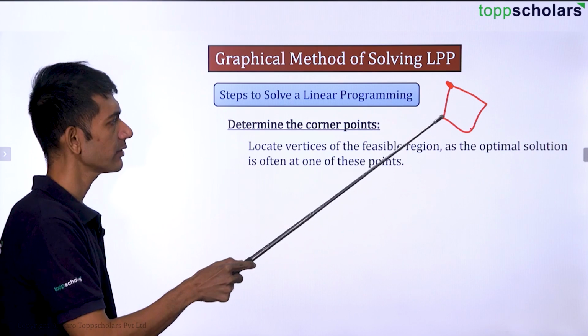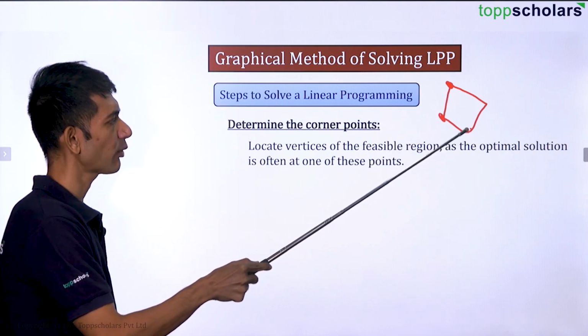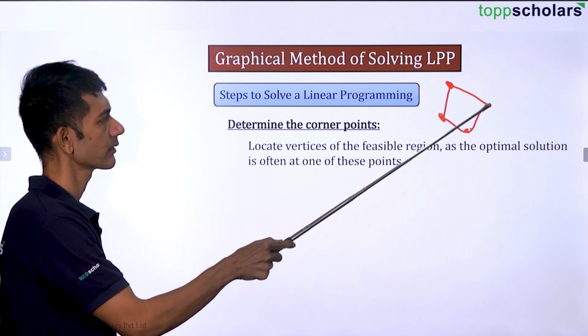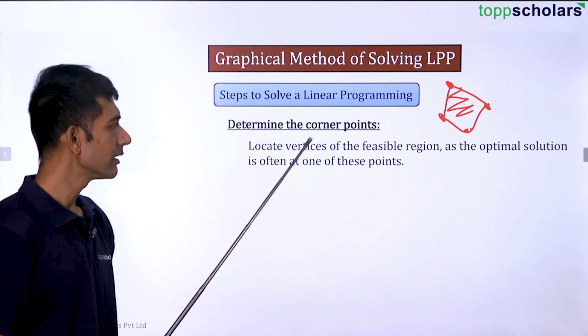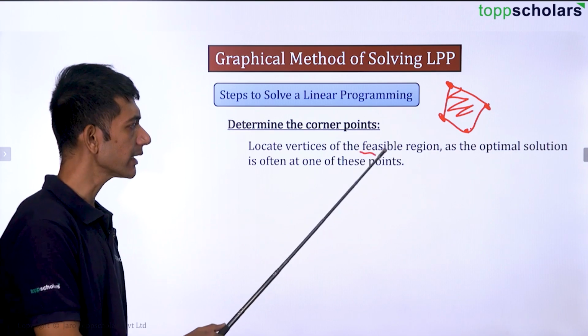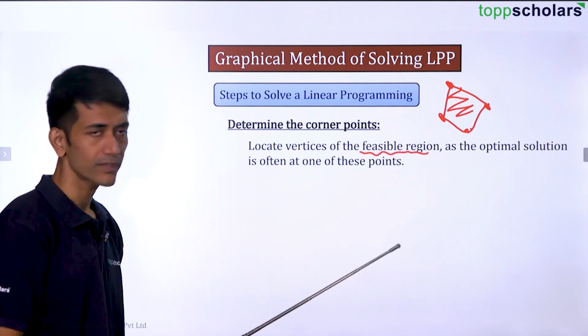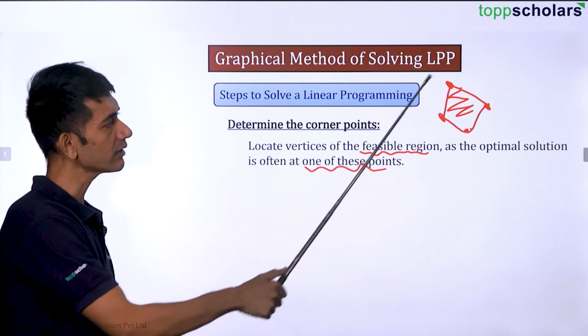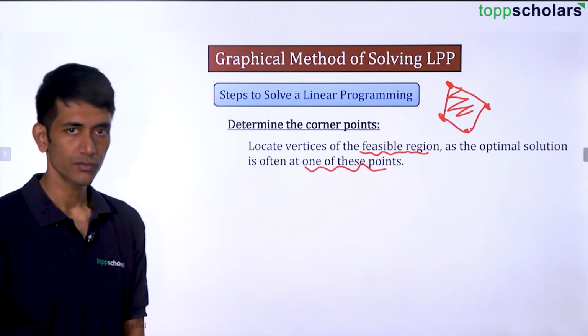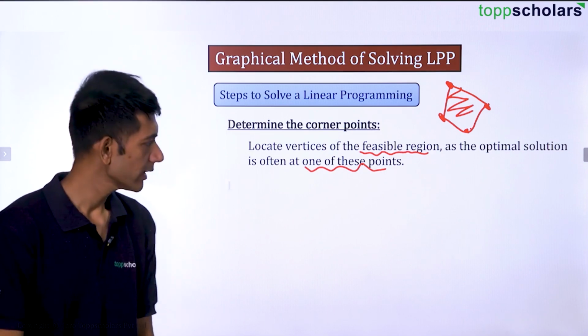Suppose this is your feasible region. Then after taking the feasible region and the vertices of that, one of these points will give you the optimal solution, which is to maximize or minimize, right?